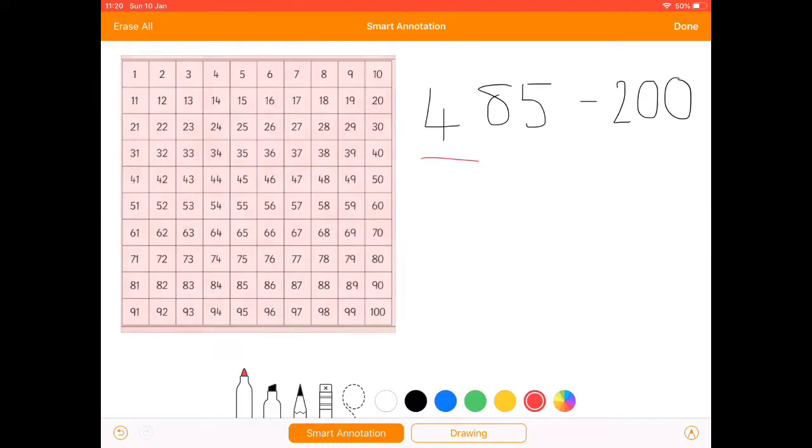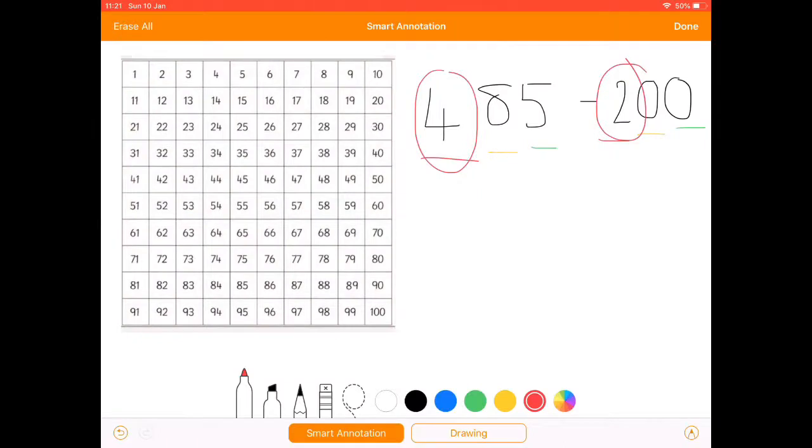Yep, 400. How many tens? 80. And lastly, how many units? 5. And I'm subtracting from this 200. This number's not got any tens and it's not got any units. So this time it's going to be our hundreds column that's going to be affected.